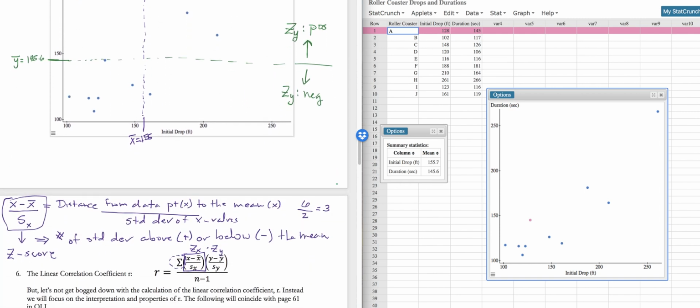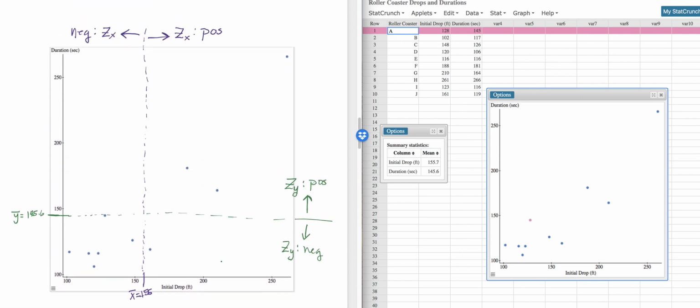And let's just go back and look at this formula for a minute. So notice that what happens is that we have to multiply those z-scores together. So let's think about what happens when we multiply these z-scores together in each of these 4 quadrants. So we're going to consider the 4 quadrants broken up by these mean lines, okay?